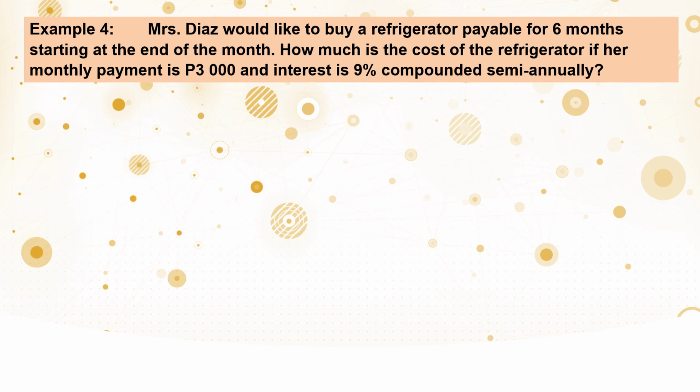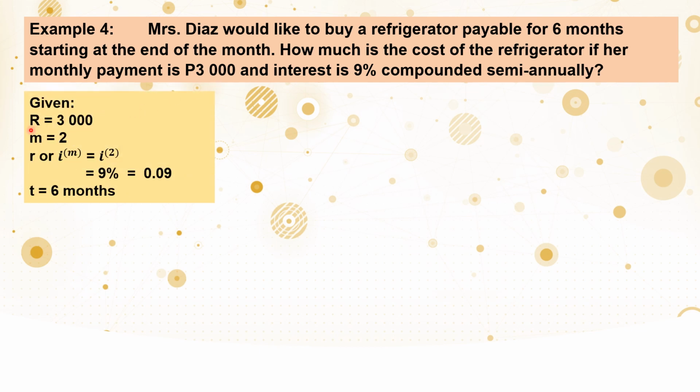So what is being asked in the problem is the cost of the refrigerator. So it is the present value. So what are the given in the problem? We have 3,000 pesos. And 3,000 pesos is the monthly payment of Mrs. Diaz. So it is now our R or regular payment.